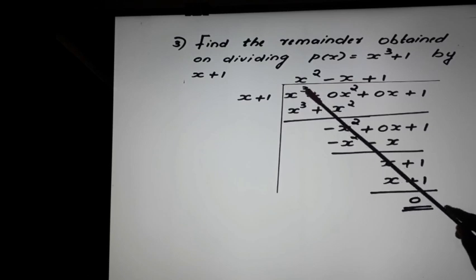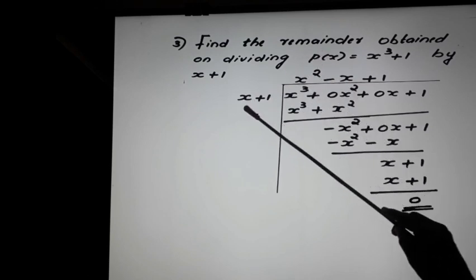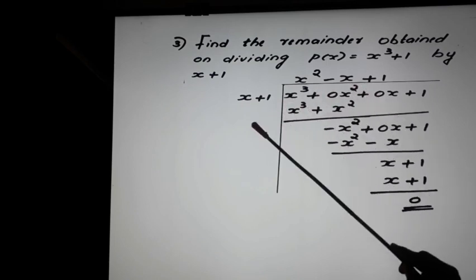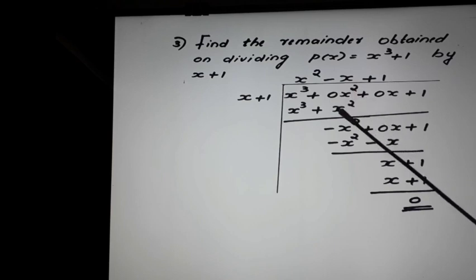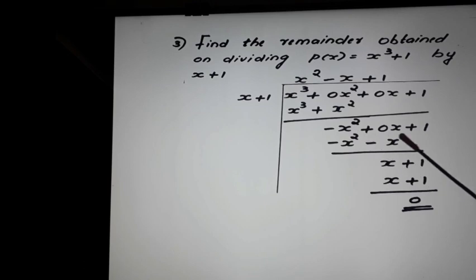Take the first term, again a similar step. x cube by x is x square. x square into x plus 1 is x cube plus x square. Now subtraction. First term becomes 0, 0x square minus x square is minus x square. Plus 0x plus 1, bring down the terms. Now we have to follow the same step, taking this as the new dividend.